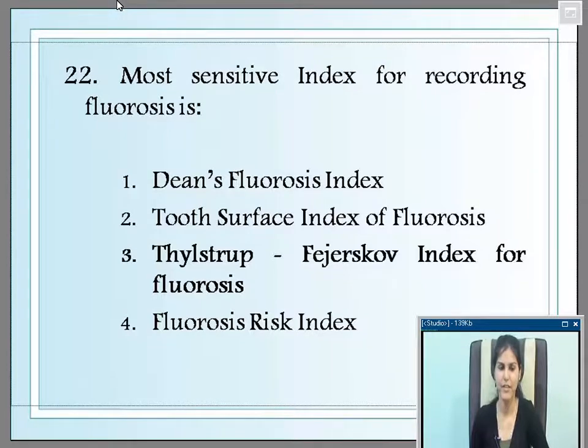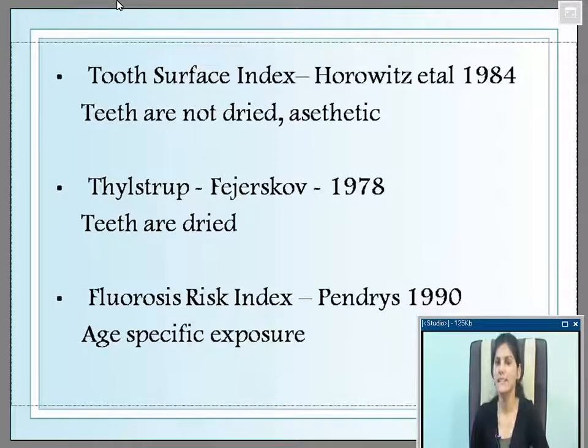Let's just have a brief look at all the indices. Like Dean's Index, we have just discussed. It came out in 1934 and it has those 6 criteria and the words that you have to look for. Now the other 3 are uncommonly used on a routine basis and all of them have different applications.